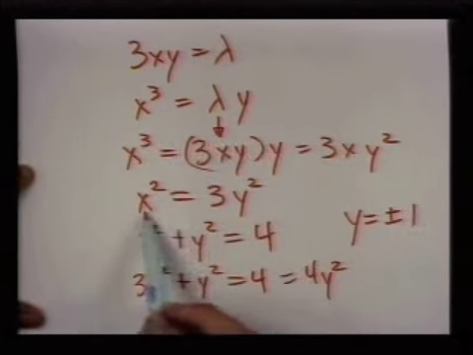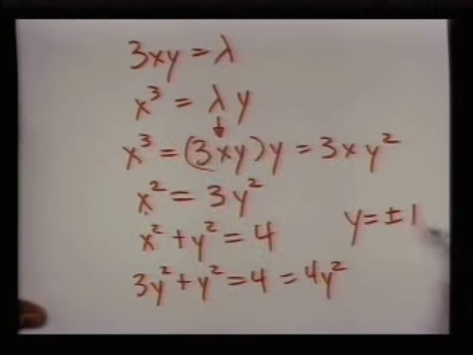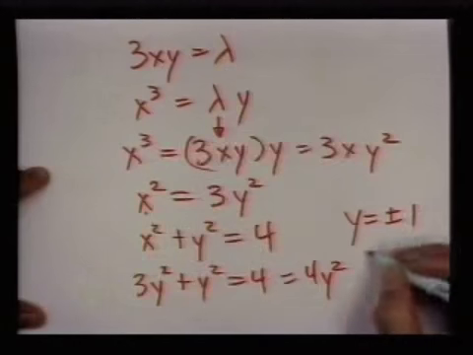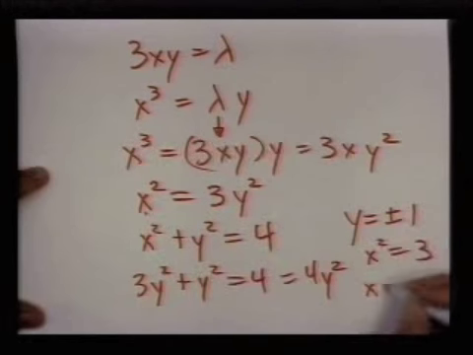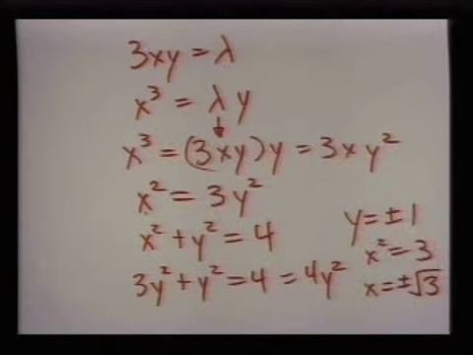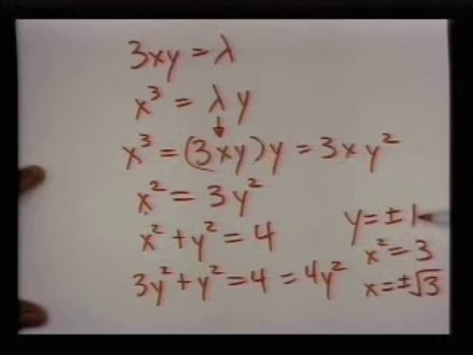And going back to here, whenever y is 1 or negative 1, x squared is 3. So you get that x is plus or minus square root of 3. And notice we get all possible combinations. So when y is 1, both square root of 3 and negative square root of 3 work. And when y is negative 1, both combinations work.